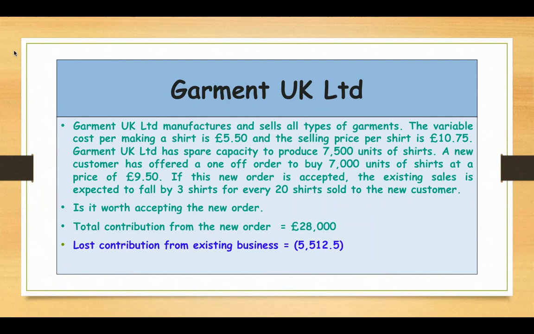So 7,000 divided by 20 gives 350, times 3, times the contribution per unit of the existing sales, which we have calculated before, £5.25.